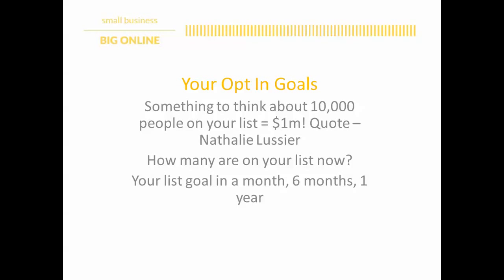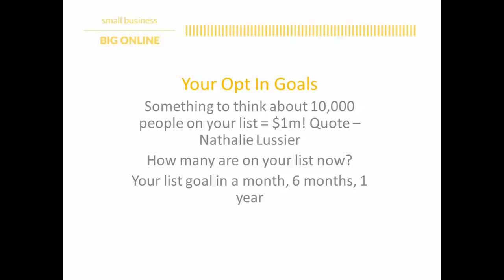She says that if you have around 10,000 people on your list, this is equivalent to $1 million. So you can be a millionaire if you can build your list up to 10,000 ideal customers. I found that really intriguing.